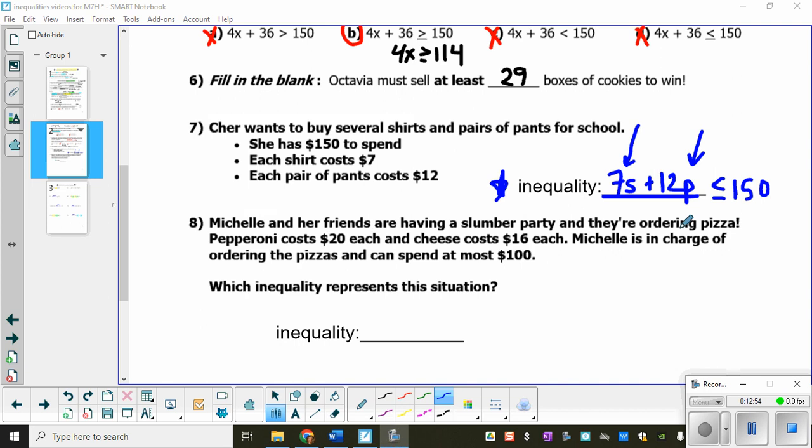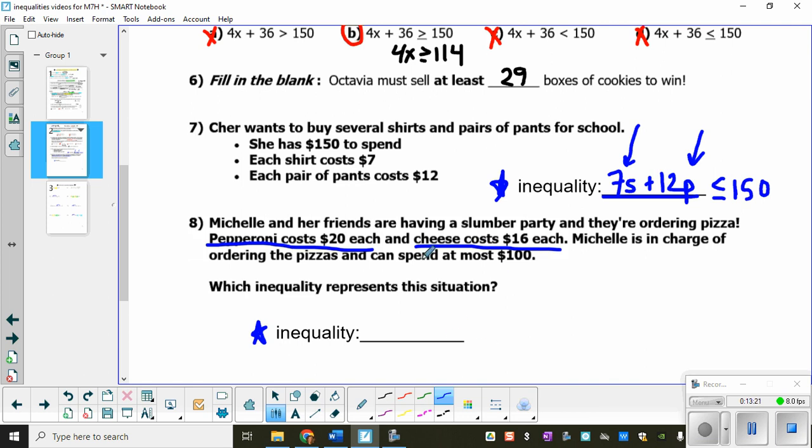All right, and now for the last one here, number 8. Michelle and her friends are having a slumber party and they're ordering pizza. Pepperoni costs $20 each, so like a pepperoni pizza is $20, and a cheese pizza is $16. Michelle is in charge of ordering the pizzas and can spend at most $100. So which inequality represents this situation? Again, there's no spot for it right here in your notes, but you can just write it here with me.